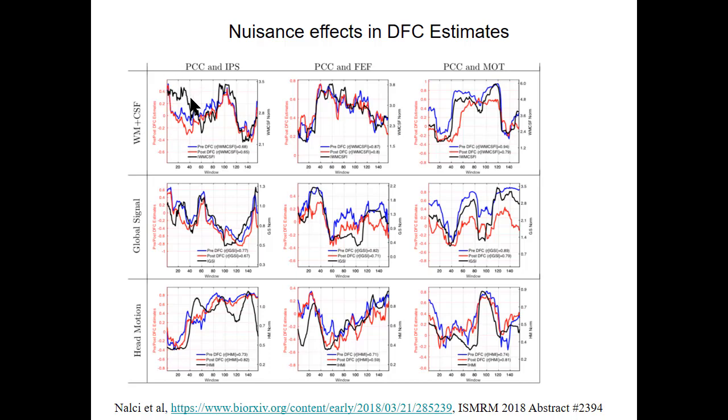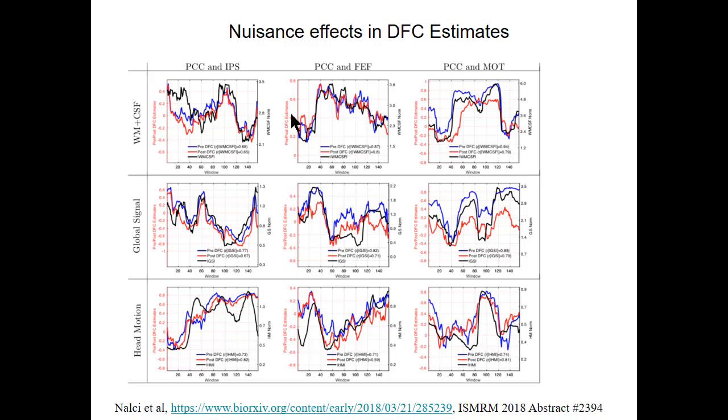And then in black, we've plotted the magnitude of a nuisance term. So for example, this is the white matter and CSF nuisance term, this is global signal, and this is head motion. And you can see, and probably not surprisingly, there is a fairly strong correlation, or there can be, between the DFC estimate in blue and the black, which is a nuisance magnitude, okay? So that's probably not too surprising. If there's a nuisance term in your data, it's probably going to get into your DFC estimate.